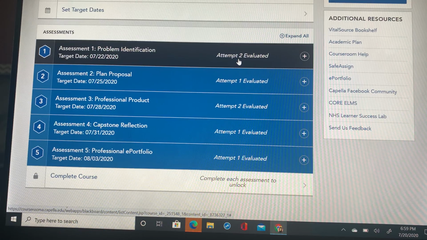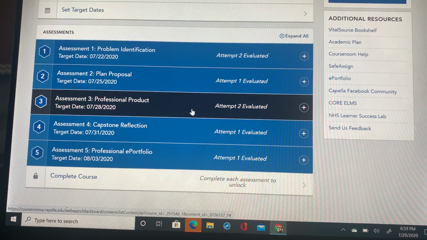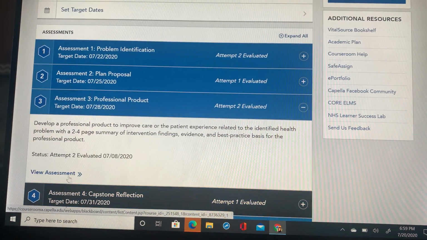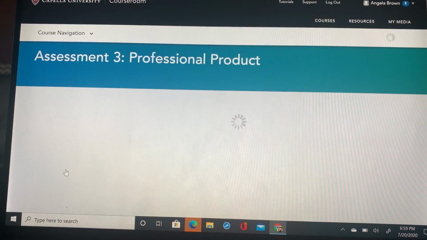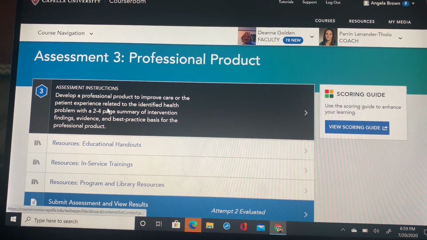Oh, I had to do this one over too? Oh, that must be. I don't remember that one. It had to be easy though, because I don't even remember doing that one over.